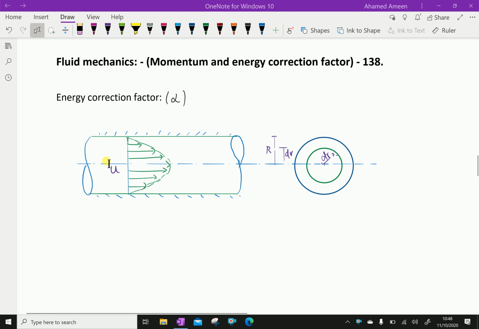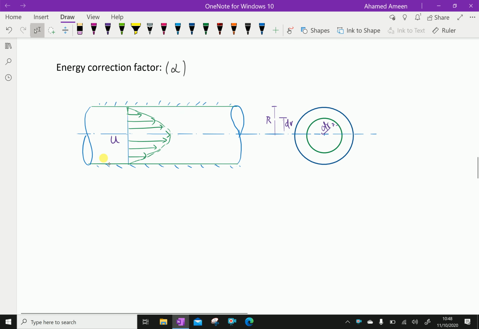The kinetic energy of the fluid flowing through the elementary ring of radius r and width dr per second is given by kinetic energy equal to half into mass into u square, which is equal to half mass.